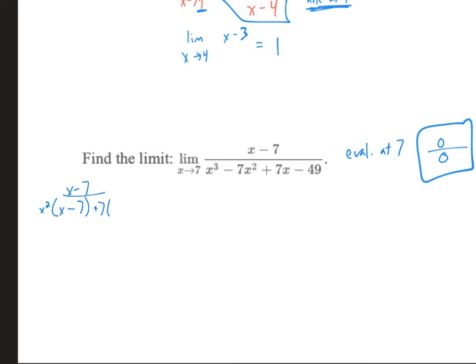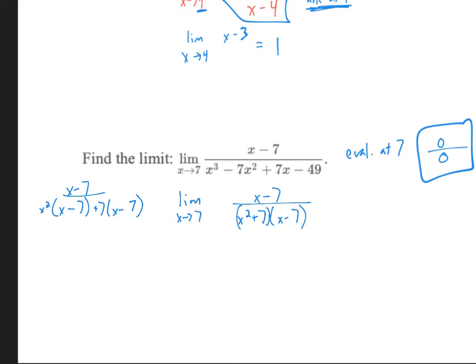Pull out a 7. I'm left with x minus 7. Okay? So, to rewrite that, I've got x minus 7 in my numerator. My denominator is x squared plus 7 times x minus 7 as x approaches 7.